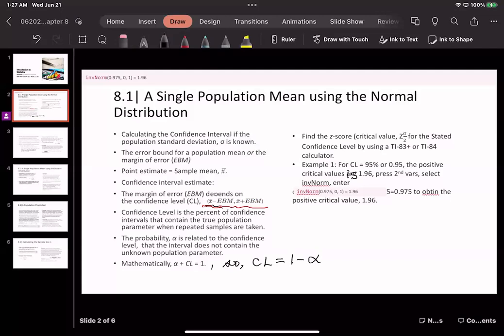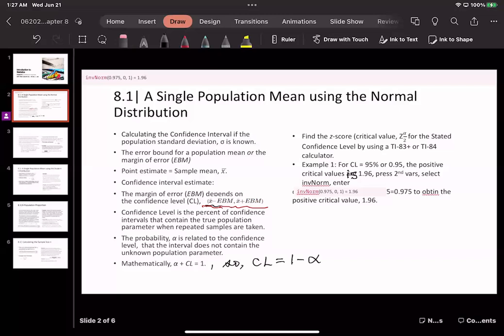How do we get it? Press second VARS, select inverse norm, and hit enter. Enter the data value starting with the area to the left.